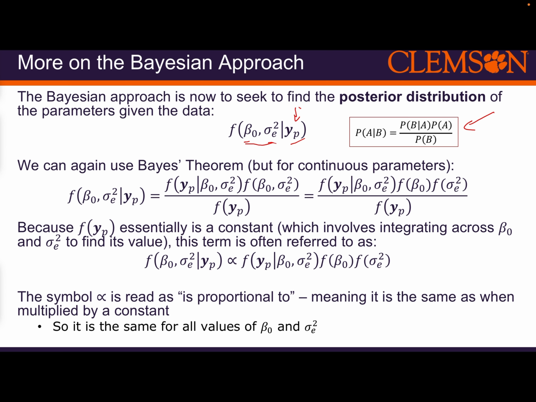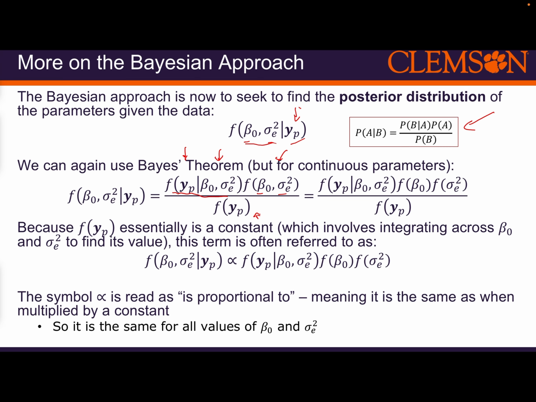If we change them around using Bayes' theorem, what we end up seeing is the following. We're looking for the distribution of the data conditional on the parameters. Turns out this comes from our model. That's great. Times a prior distribution, the joint distribution of beta 0 and sigma squared. And that's divided by the distribution of the data itself.